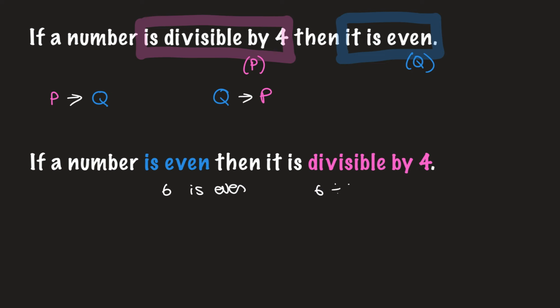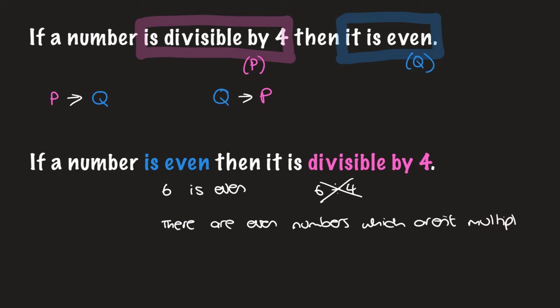It does not give you a whole number, it gives you a partial, so therefore it is not divisible by 4. So here is another example where it doesn't hold, so it's not going to be logically equivalent. So there are going to be even numbers which are not divisible by 4. Or multiples of 4, to be more accurate.